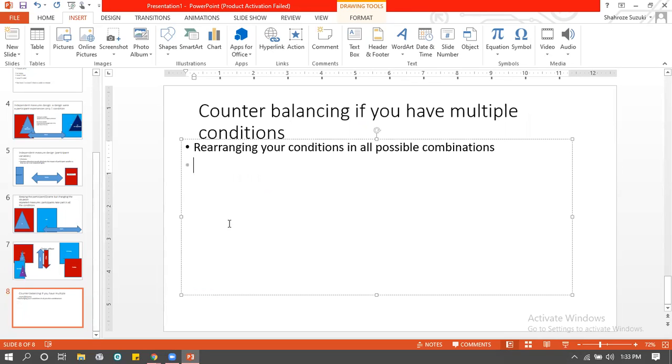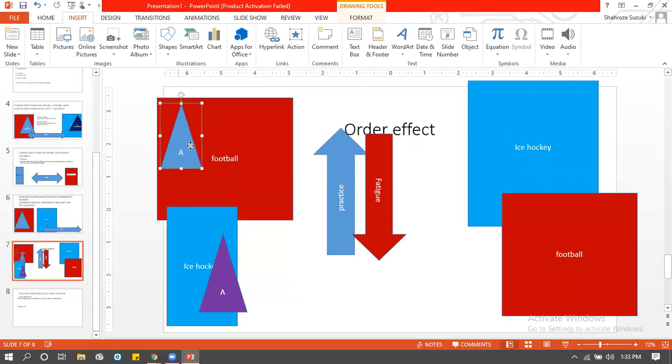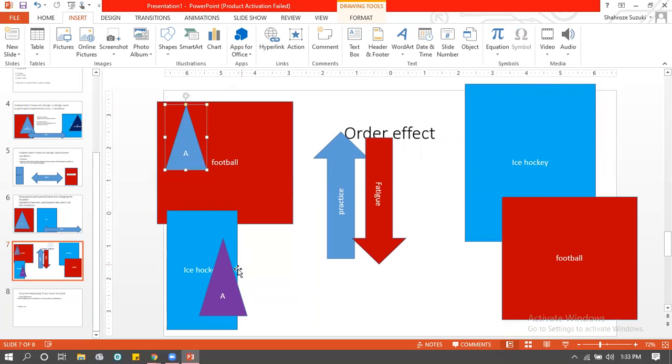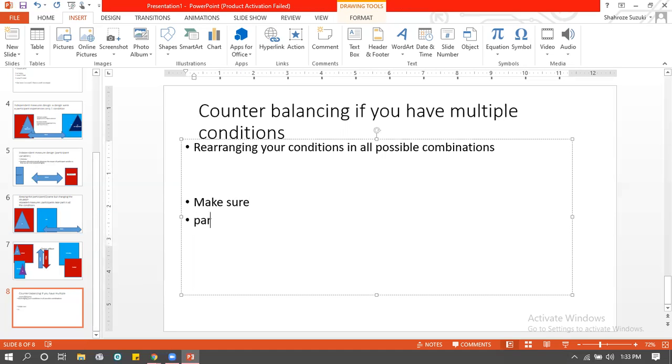Well, this makes sure of two things. Number one, if you have the same people here and here, this guy's in football and this guy's in ice hockey, instead of having different people, you have the same people in both conditions. This ensures that participant variables are controlled.